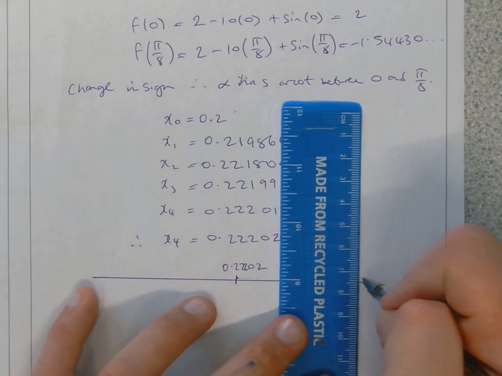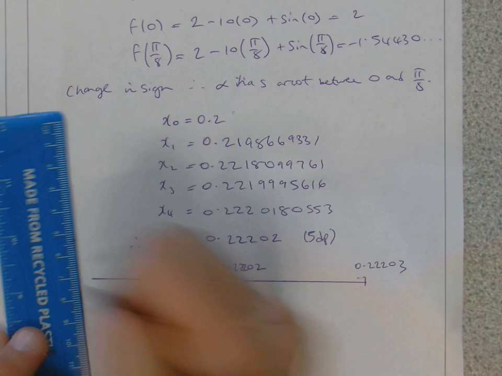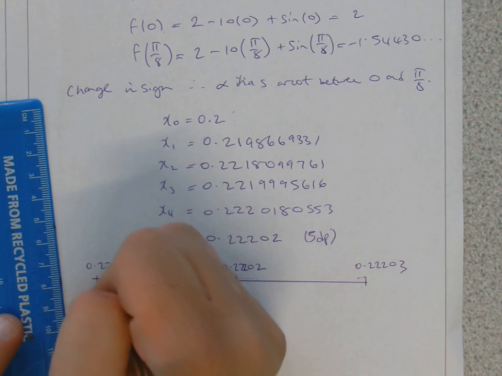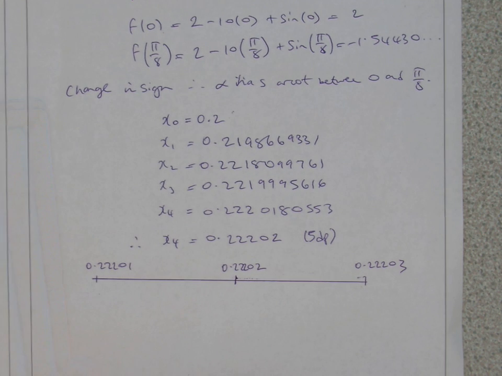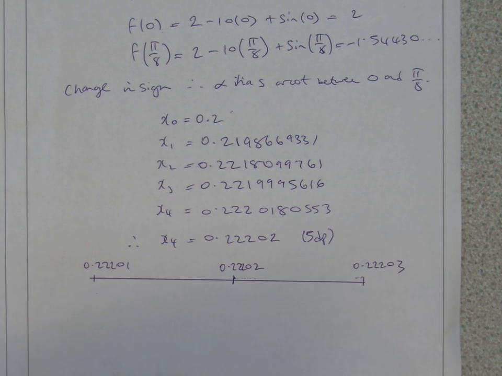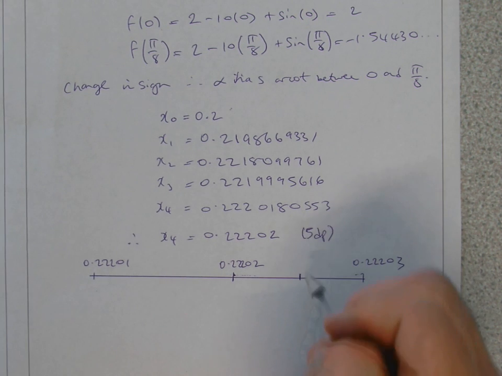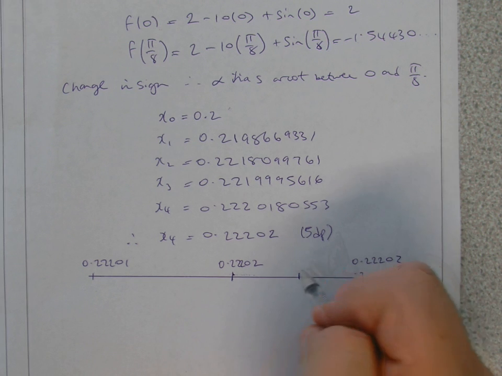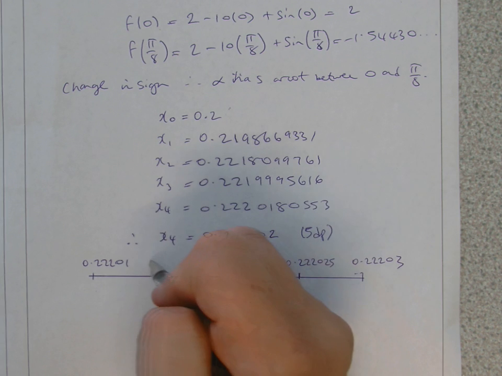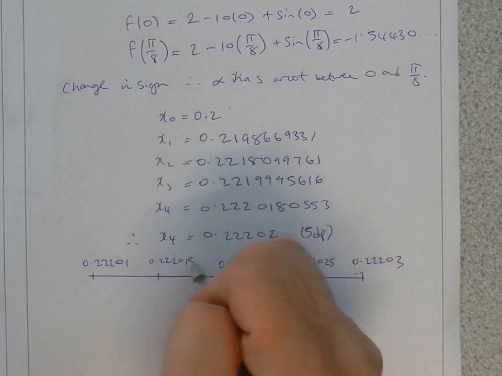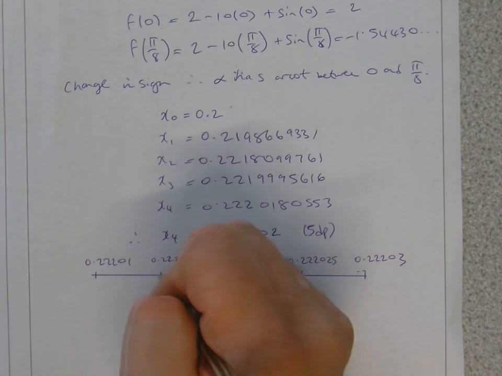The next value to 5 decimal places would be 0.22203, and the one before it would have been 0.22201. That would be like our 5 decimal place number line. Now what we need to do is check the one halfway in between on each side: 0.222025, and 0.222015. So we check those two values in the middle.